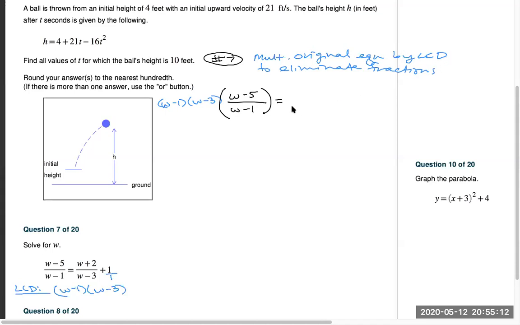Again, you're going to have your LCD, W minus 1, W minus 3, the quantities, and you're going to multiply that by W plus 2 over W minus 3. And then you're going to add, we're going to take our LCD again, W minus 1, W minus 3, and we're going to be multiplying that by 1.